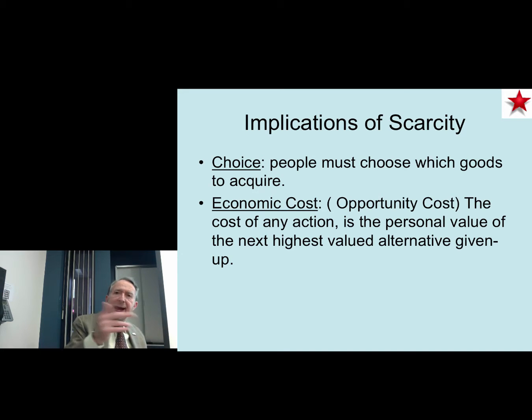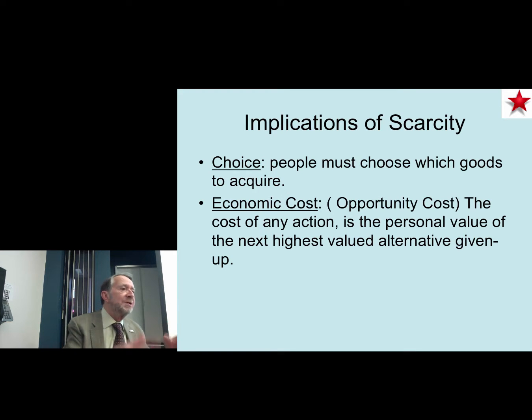As I just pointed out, accounting costs are easy because they're observable. Economic cost is not always observable because it's the value of something that you didn't do. Y'all with me? It's the value of something you didn't do. Now in business, or as a farmer, or in production, I can sometimes know my opportunity cost.